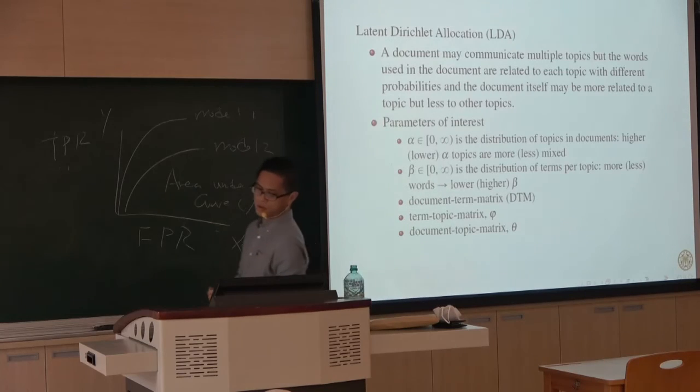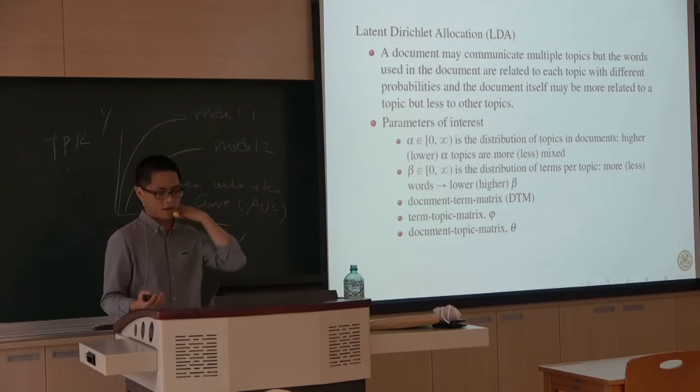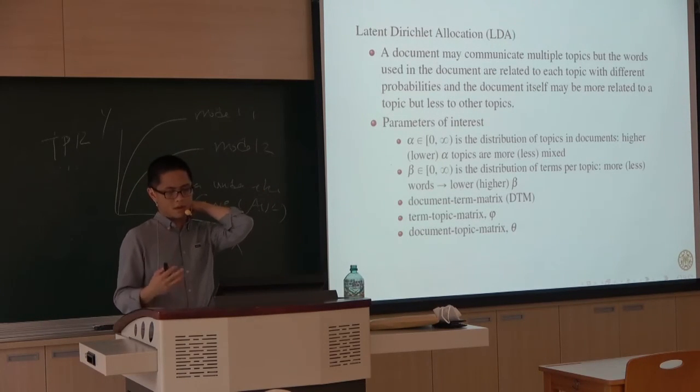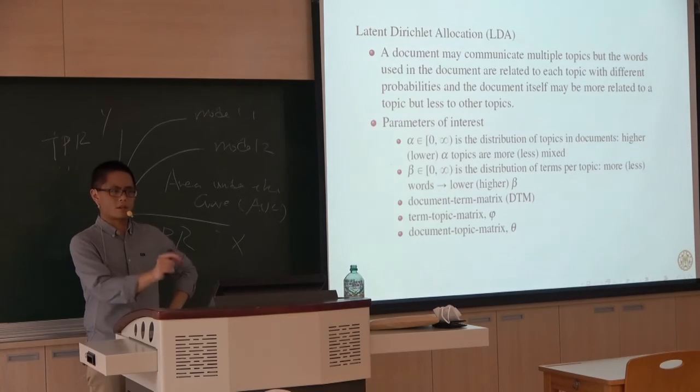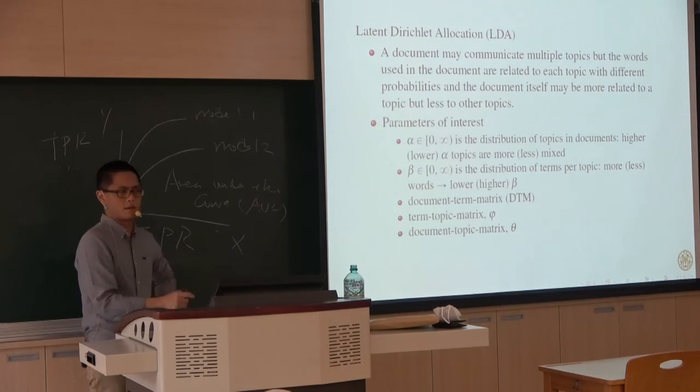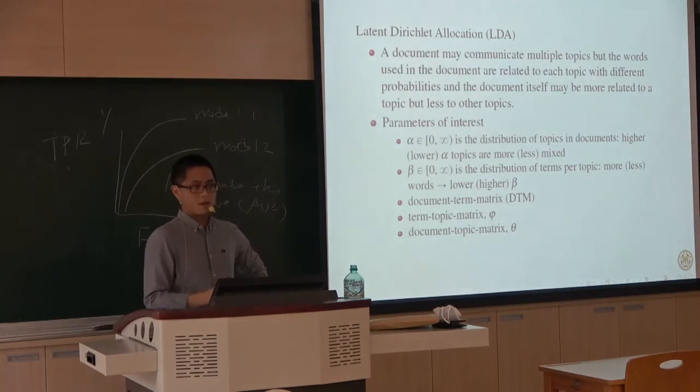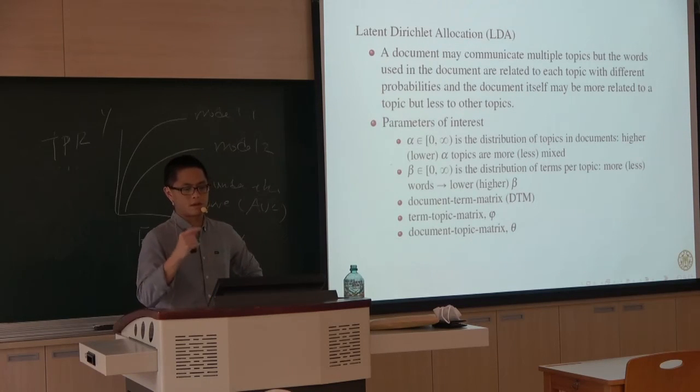Beta is the distribution of terms per topic. It should be interpreted in reverse fashion, because if you have lower beta, that means there's a higher probability of clustering within a given topic. If you have higher beta, that means that the given words relate to multiple topics.